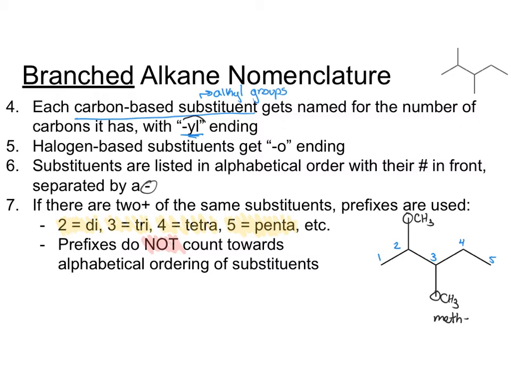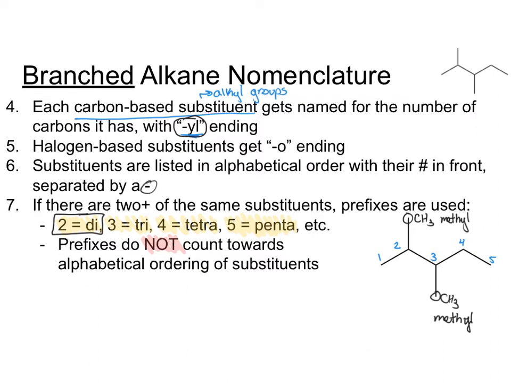And so in this case, because it's substituents, it'll end with a YL. So these will be called methyl groups, both of them, because they're both one carbon. So because I have two of the same substituent, I also need to use a prefix, and in this case there's two of them, so my prefix will be di. All right, so let's get back to this step 6 here because there's a lot going on there.